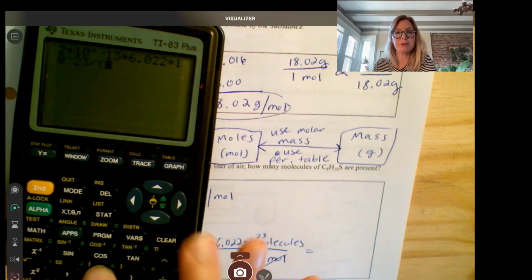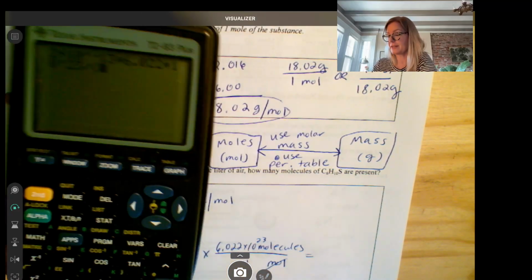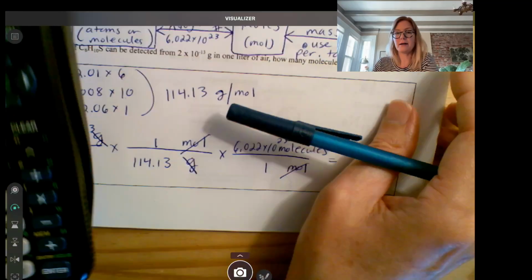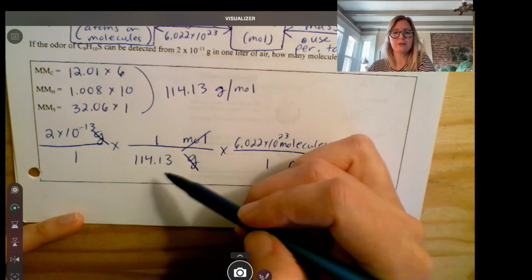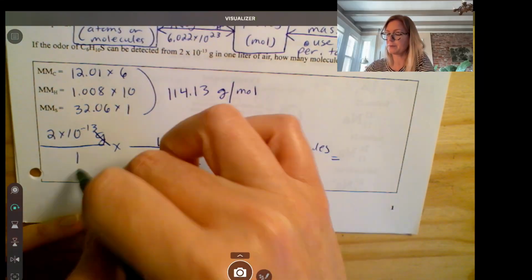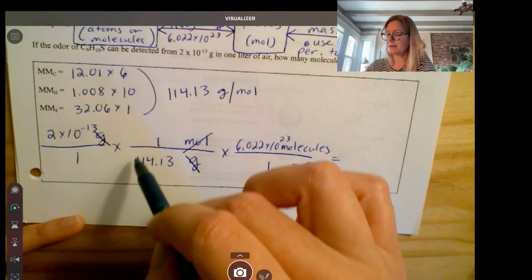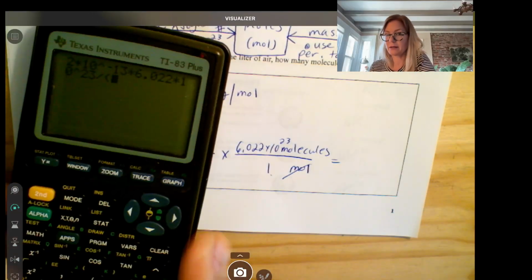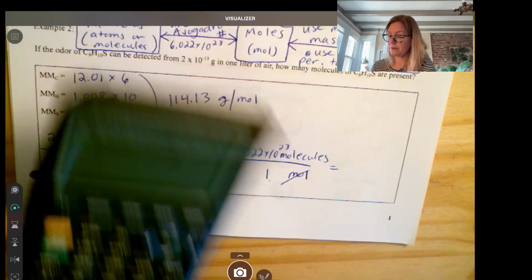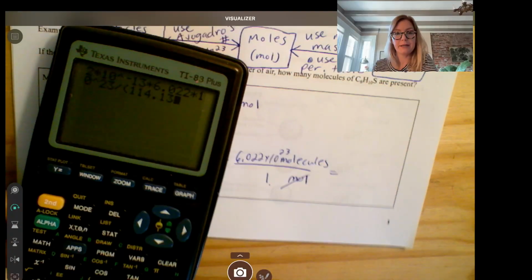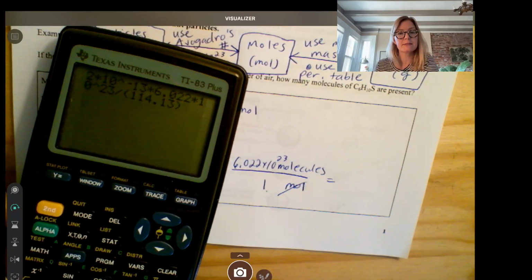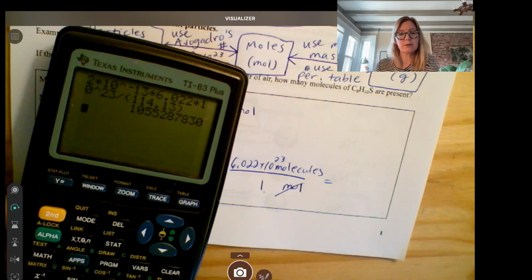But be sure you put the denominator in parentheses, everything in the denominator. This is actually, you don't really need to because there's only one number in the denominator, but when there's multiple things in the denominator that are being multiplied, you got to put them in parentheses. So we get 114.13, close your parentheses, okay? And that's our answer, okay?